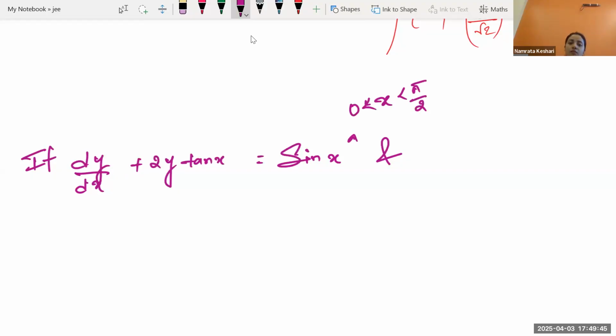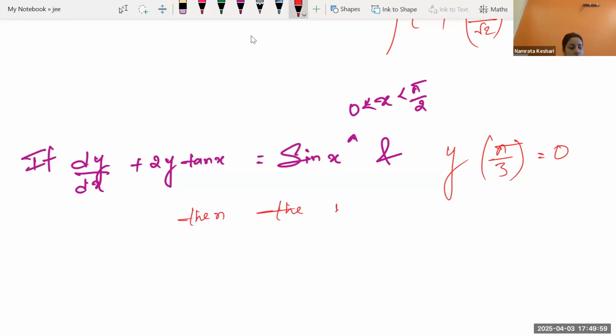Then one condition is also given over here: y of pi by 3 is equal to 0. Then the maximum value of f of x, I mean y of x, this we have to find.